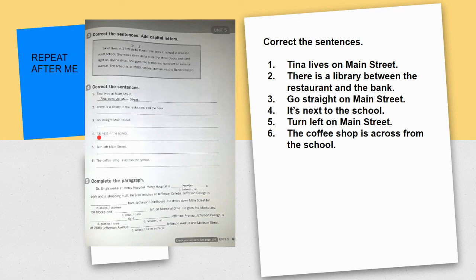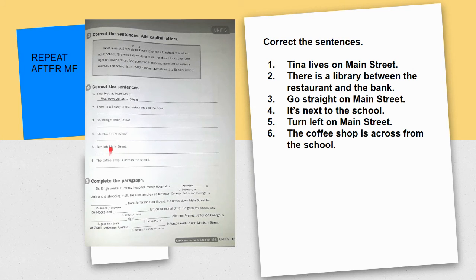Our next sentence. It's next in the school. Nope, this would become it's next to the school. It's next to. So we say that one building is next to another building. We don't say next in, we say next to when we're talking about location. Okay? Here we have turn left Main Street.